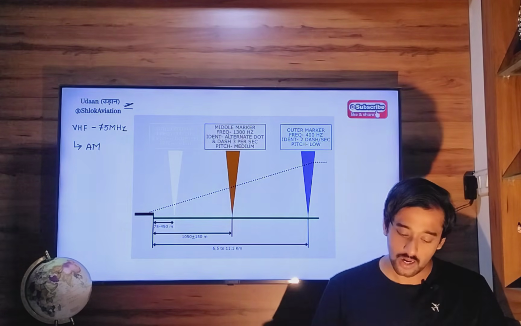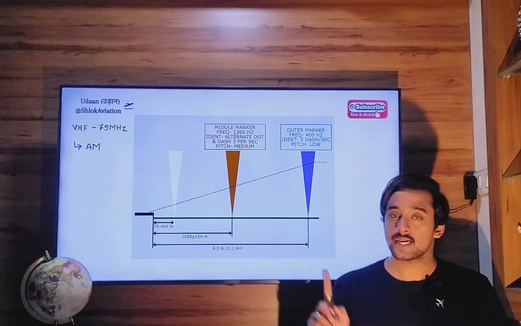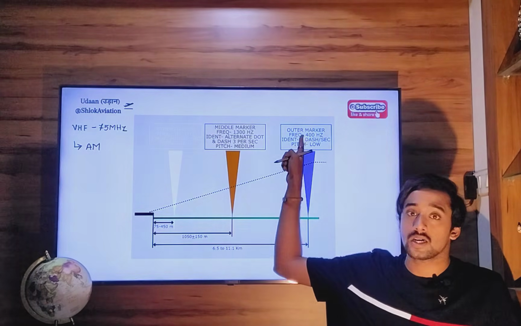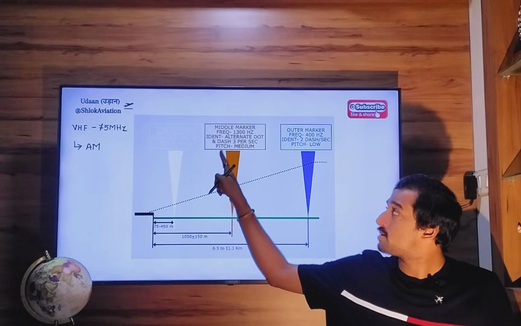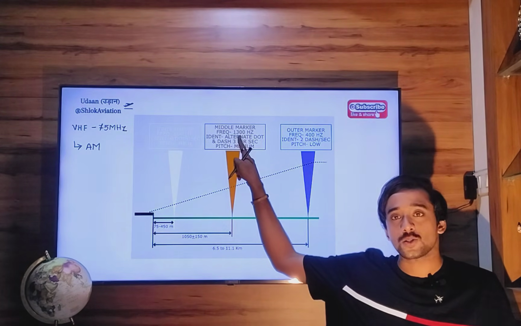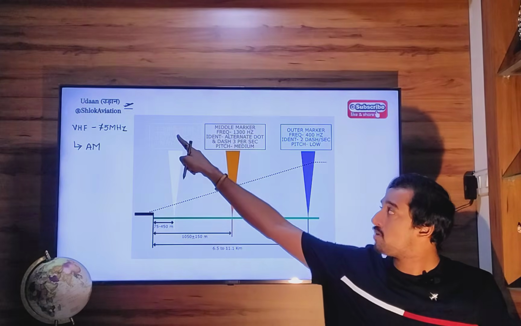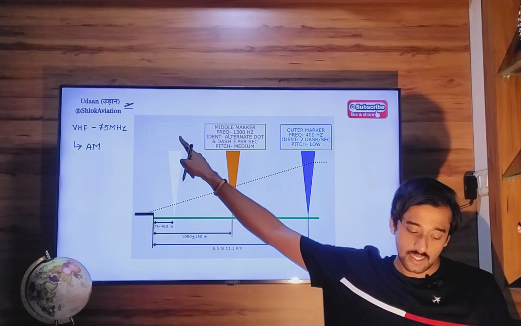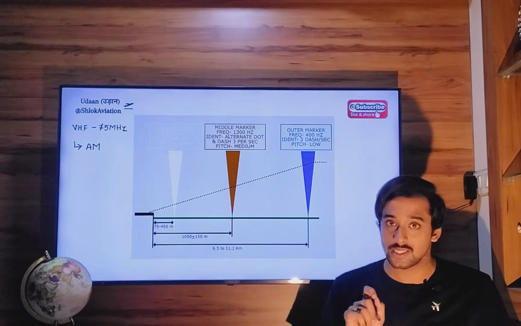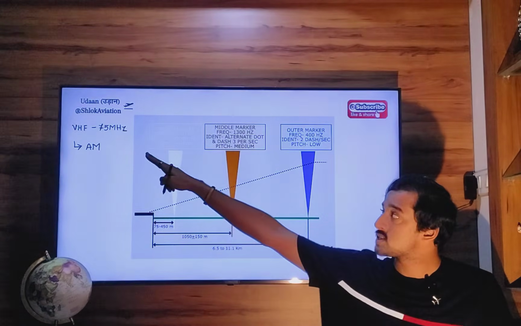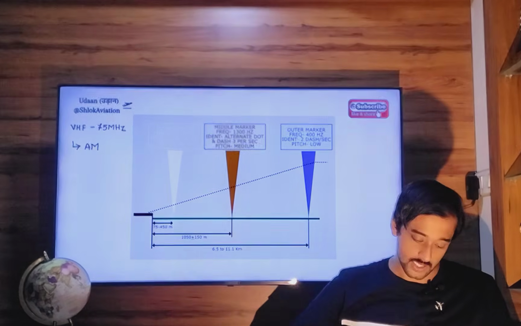For the outer marker, it is amplitude modulated at 400 hertz. Middle marker, 1300 hertz. Inner marker, 3000 hertz. So these are the modulation frequencies, and the main carrier frequency is VHF 75 megahertz.